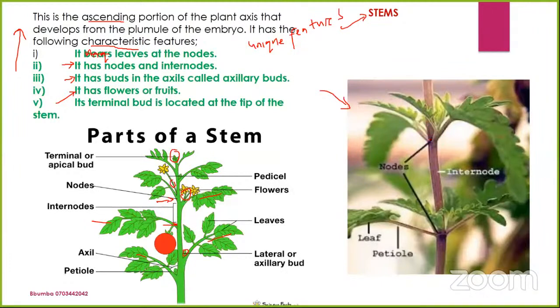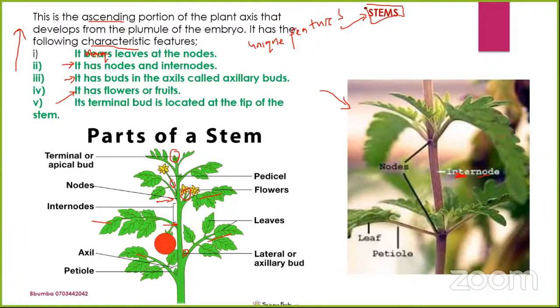This is one node, this is another node, and at the node is where leaves are attached. Inter means in between, so an internode is in the middle between nodes. Now we're going to study different types of stems.